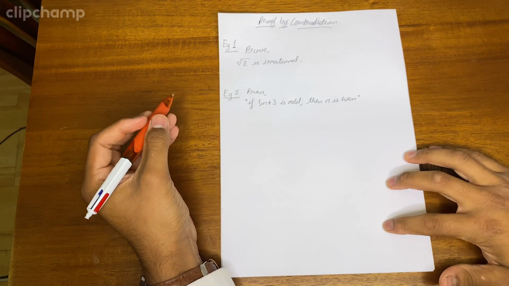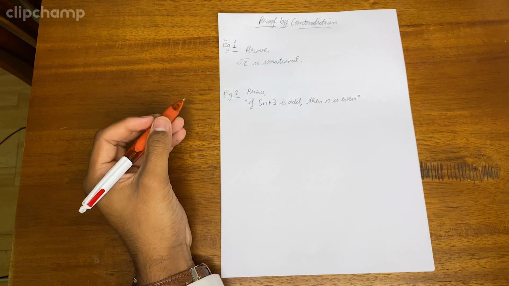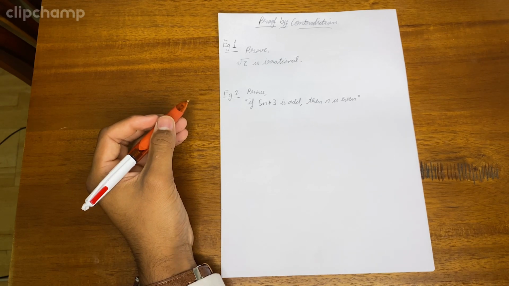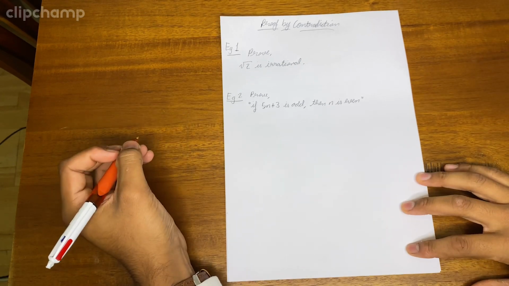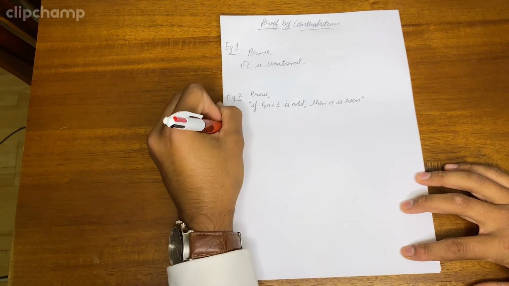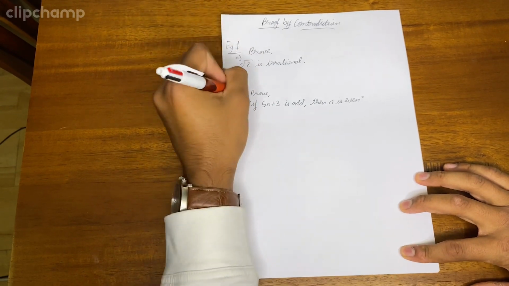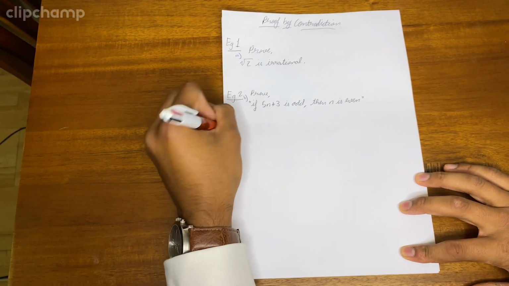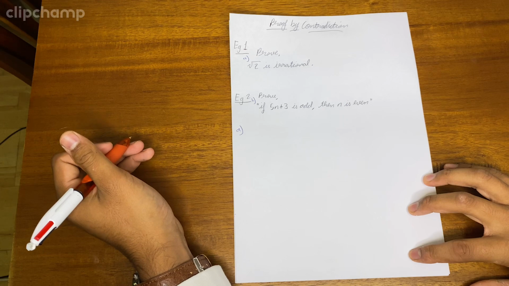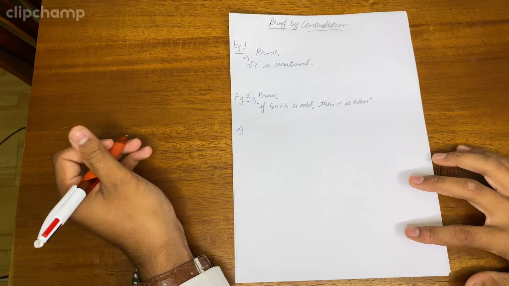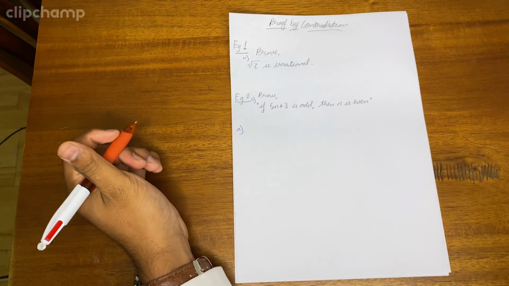So we'll start with A. A: root 2 is irrational. Assume for a contradiction that root 2 is rational.